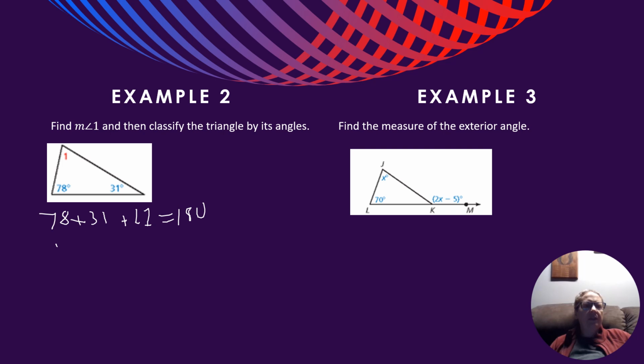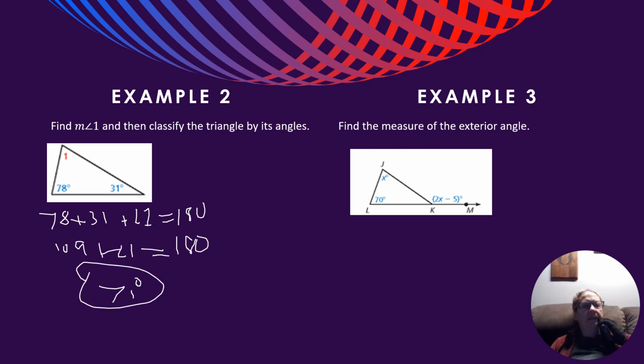That's 109 degrees. So I would take 180 minus 109 to get my answer. So angle 1 is 71 degrees. And this triangle has a 71, a 78, and a 31 degree angle, which are all less than 90. That means it is an acute triangle.